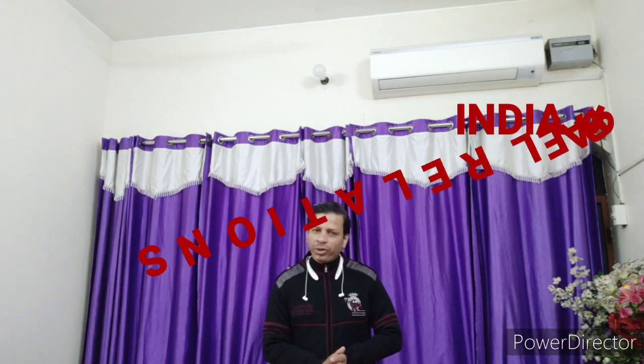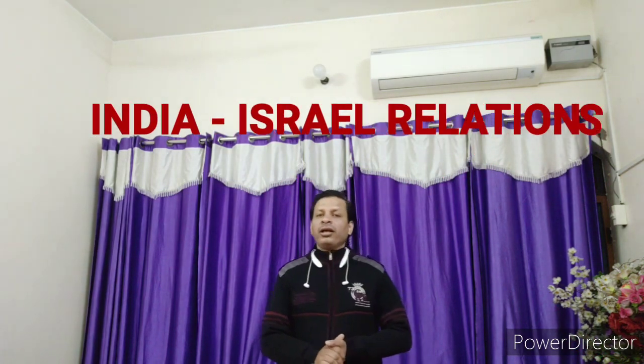Now, the next chapter, India's foreign policy. The name of the subunit is India-Israel relations. Around 45 years after independence, due to various reasons, India's relations with the West Asian countries, the Middle East region, were mainly concentrated on Islamic countries.